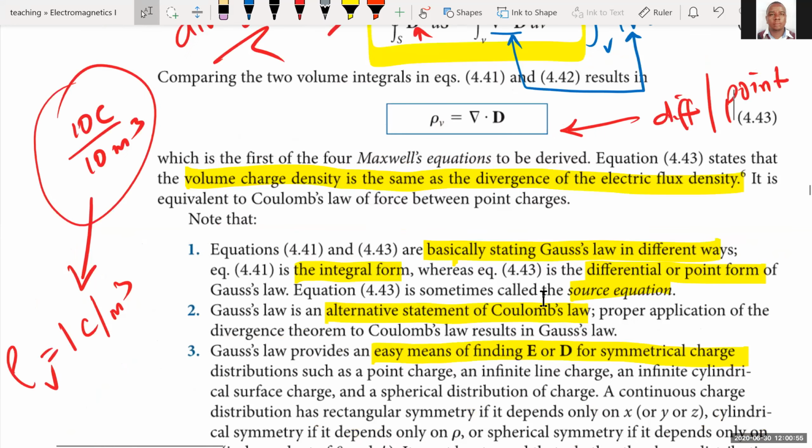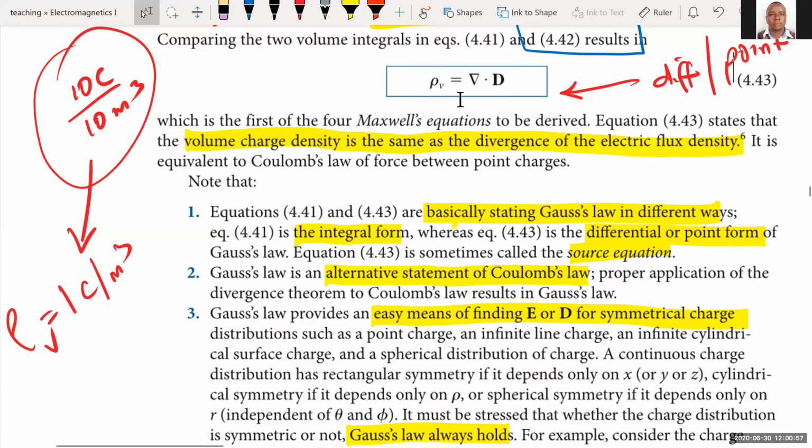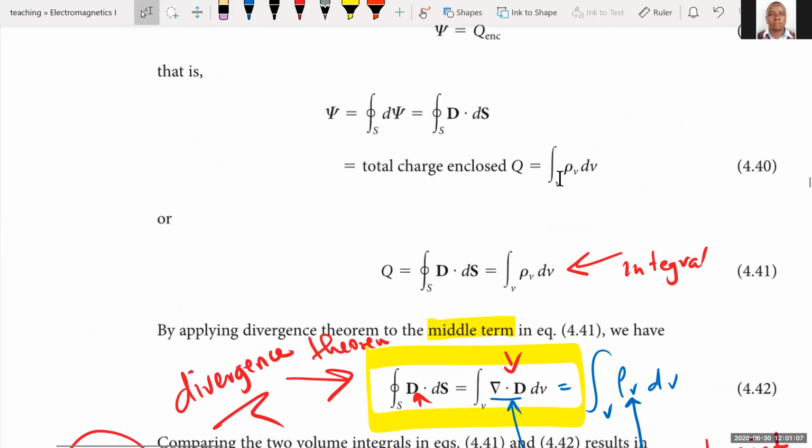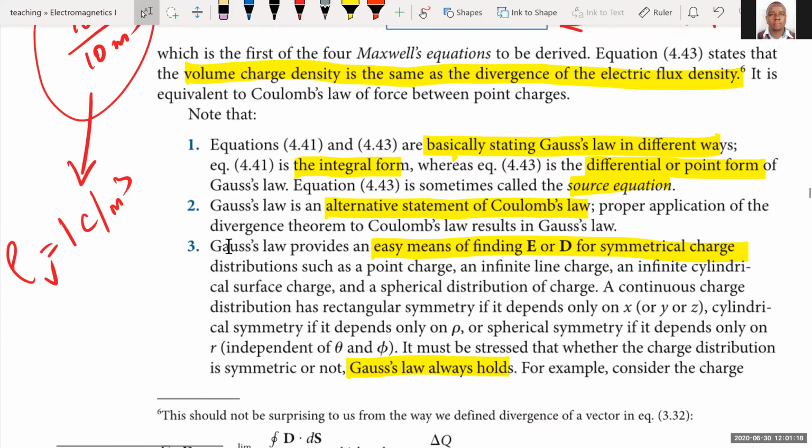I think that is pretty clear, because we have been able to derive the Gauss law using the divergence theorem from what this equation says, that the charge enclosed is defined from the flux density.